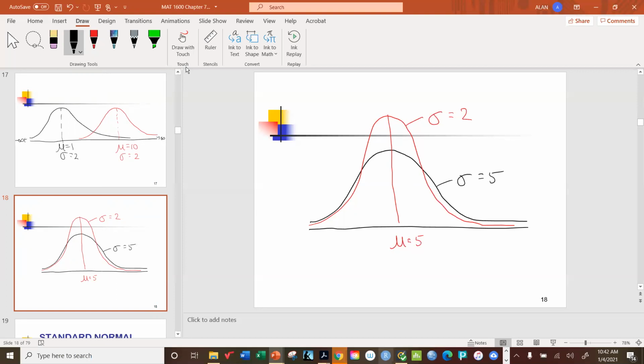So the key here is that they both have the same position because they have the same mean, but their shapes are different. They're still both bell-shaped curves, if you notice. But the one with the low standard deviation is less spread out. In other words, there's more area close to the center and less in the so-called tails. These are sometimes called the tails of the distribution.